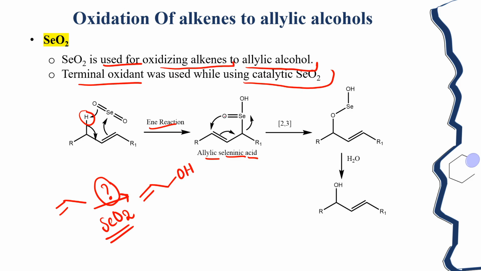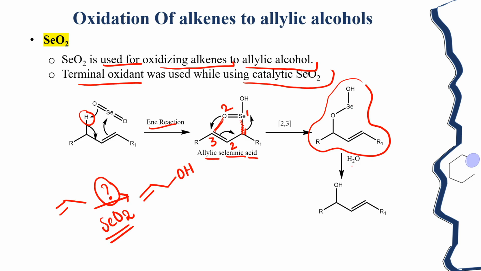Now if you look closely at this intermediate, you can find the numbering 1, 1, 2, 2, 3. That means a 2,3-sigmatropic shift reaction is observed here, where this bond breaks apart and this bond is forming.